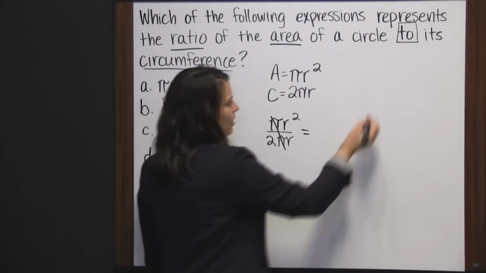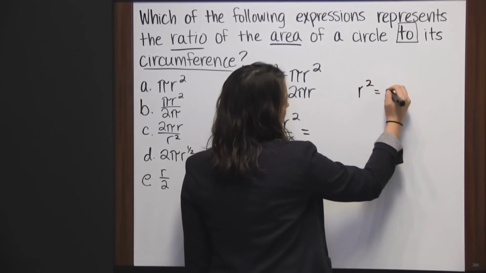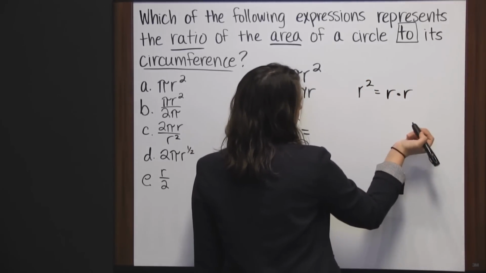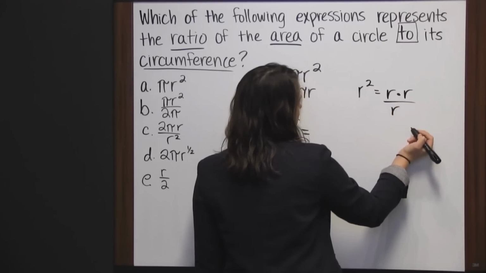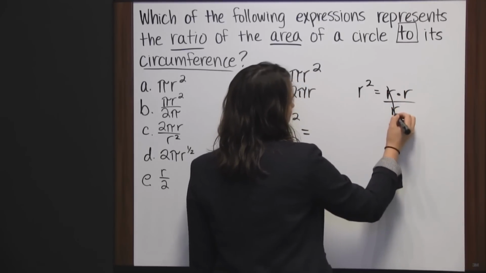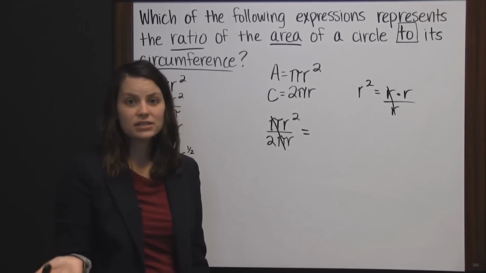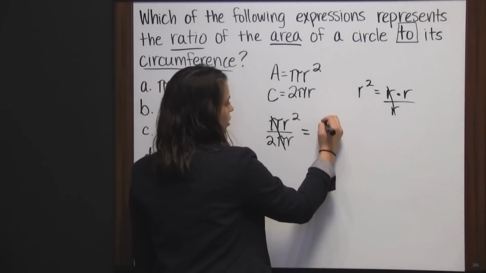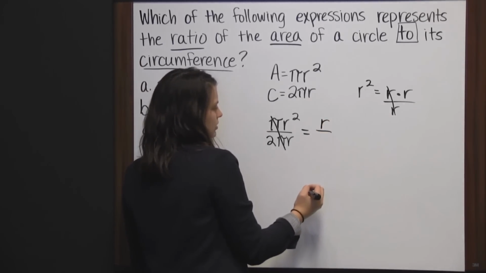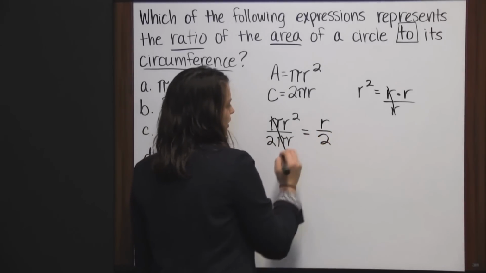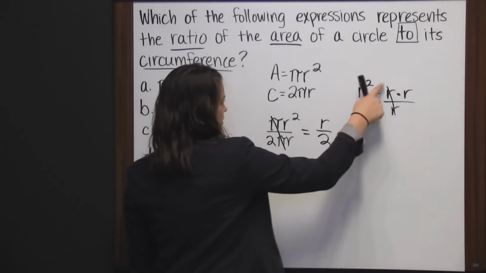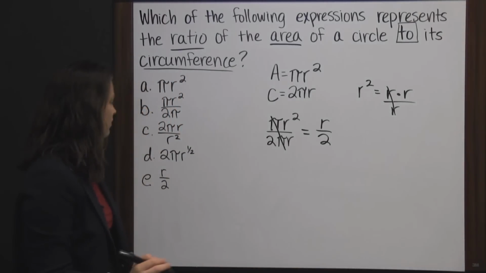Or another way to think about it is r squared is r times r, and I'm dividing that by r. So again, you have something divided by itself is 1, or it cancels. So I'm left with just r in the numerator divided by 2 in the denominator, since those r's canceled. So we just have r divided by 2, which is answer E.